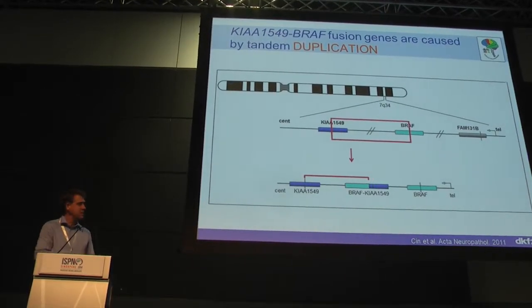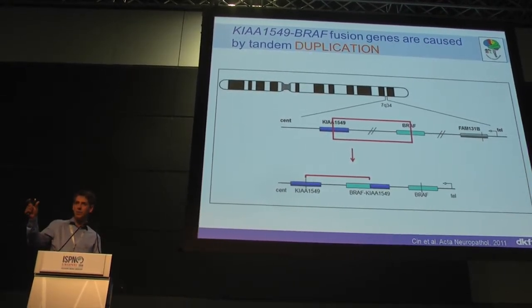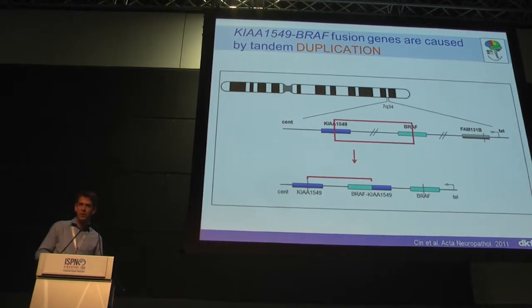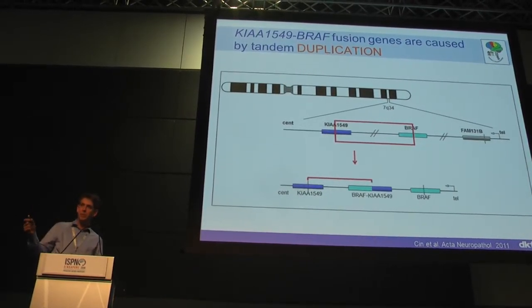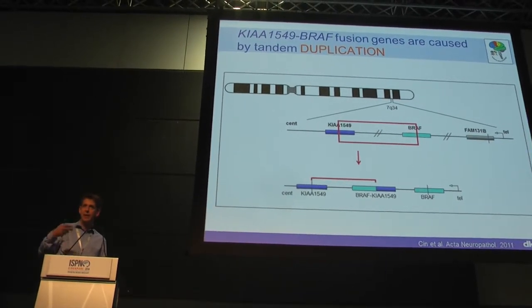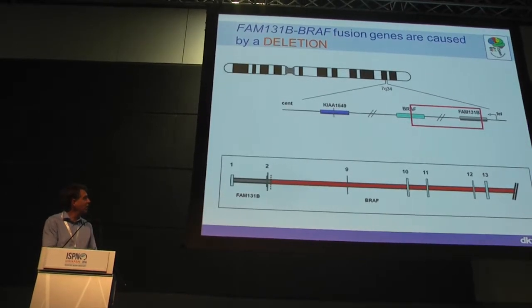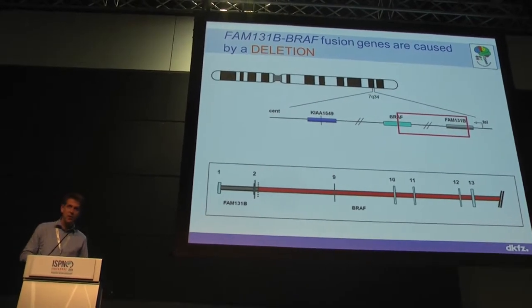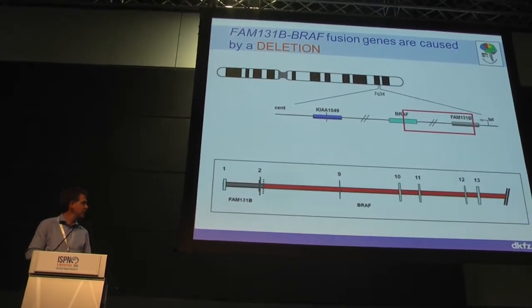What is common to all these fusion genes is that it retains the kinase domain, which is the part of the BRAF gene that is driving oncogenesis and cell proliferation, and it loses its autoinhibitory domain, which usually is responsible to prevent activation of the gene. We also know now that alternative fusion genes can be caused by deletions at that same locus.